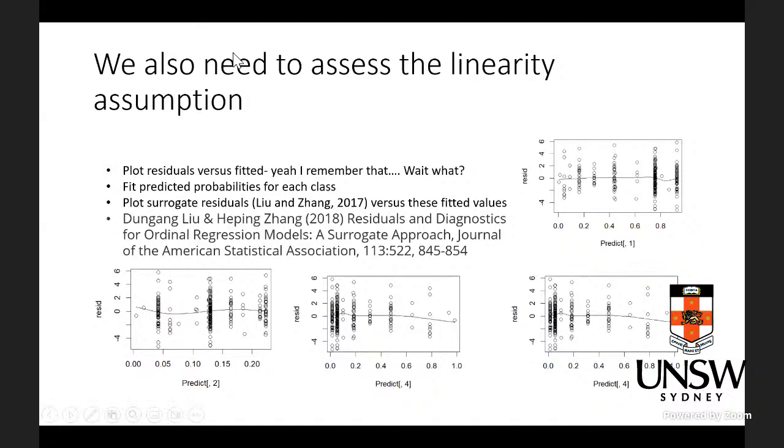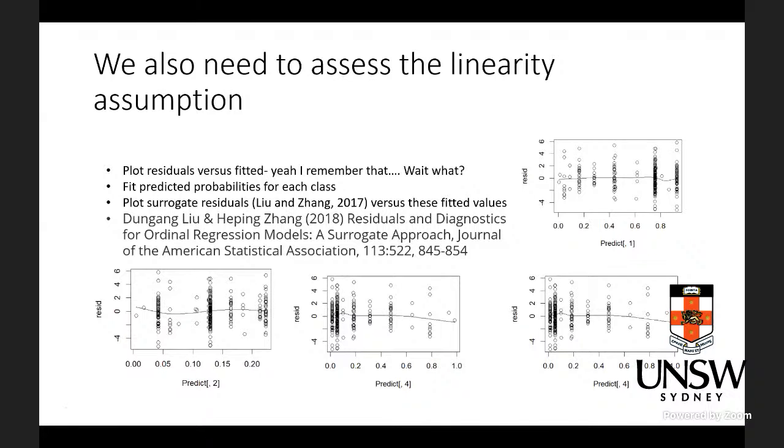We also need to assess the linearity assumption. When you do a regression, you're assuming a linear relationship between the link function, so the log odds of the cumulative probability, and say this continuous variable old peak. So we can plot the residuals versus fitted. I remember that from first year stats, but how do we calculate residuals and fitted values when we've got 3 predicted values for each observation?